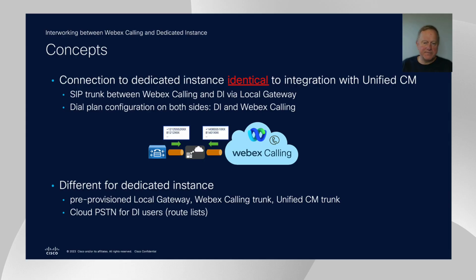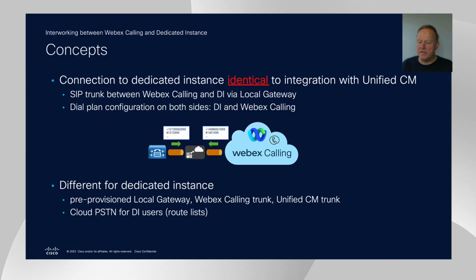There's a SIP trunk between Webex Calling and the Communications Manager. There's a local gateway in between, and you have to configure call routing on both sides to send calls between Webex Calling and Dedicated Instance. On the Communications Manager side, this is done using the Communications Manager dial plan magic, by adding route patterns to your enterprise dial plan on Communications Manager.